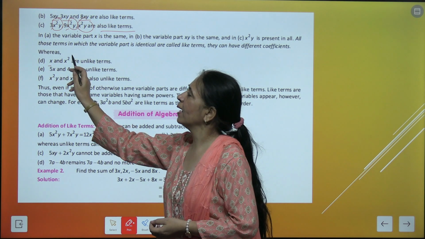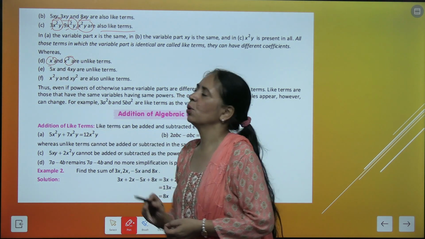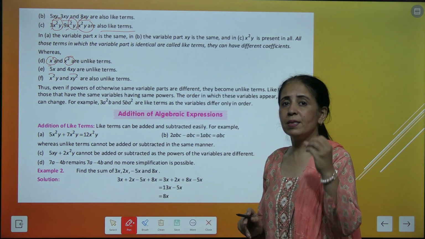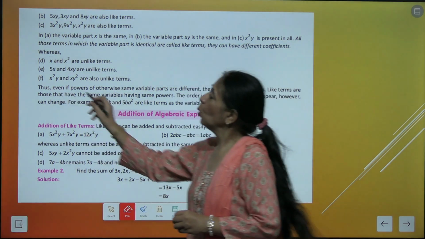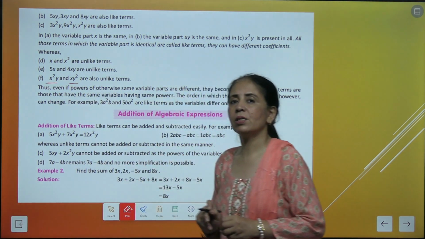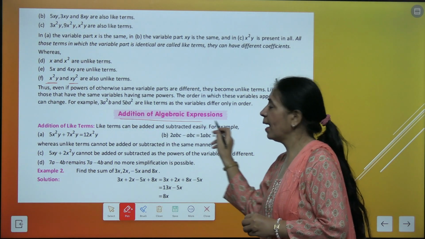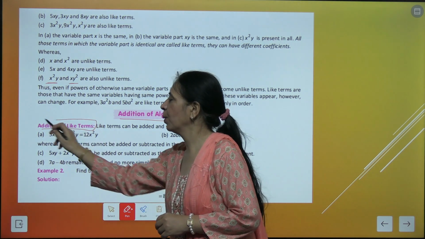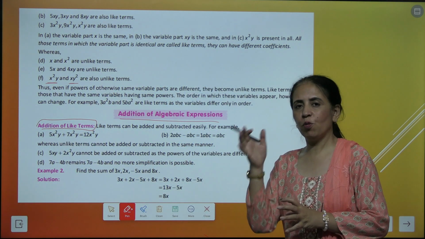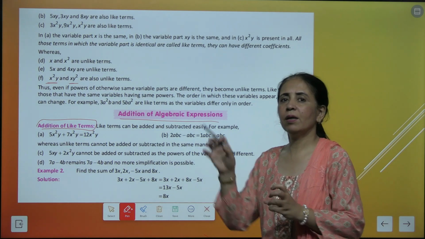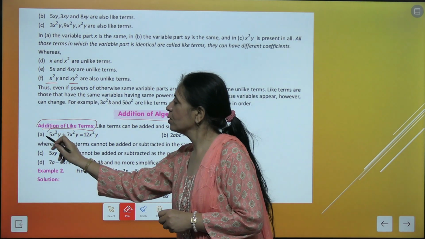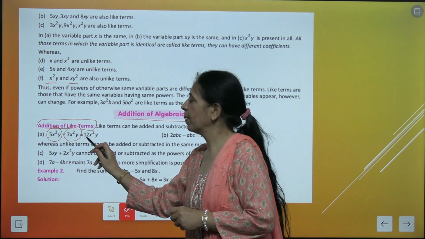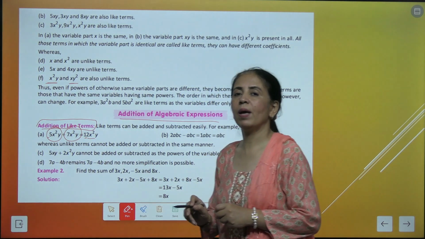But if you see x and x square, here the power is 1, here the power is 2. We'll call them unlike. If I write 5x and 4xy, here the variables are different, so they are unlike. So both these terms are unlike terms. Got it? Now we come to addition of algebraic expressions. So the first thing is, when you are given like terms, the very simple thing is that we add the numerical coefficients and the variable part will remain the same. So suppose we have 5x square y and 7x square y. We'll add 5 and 7, it becomes 12. We write down 12x square y.